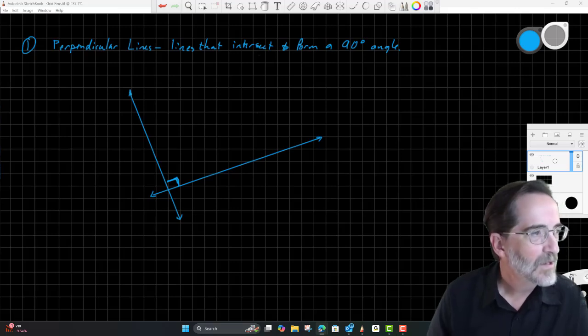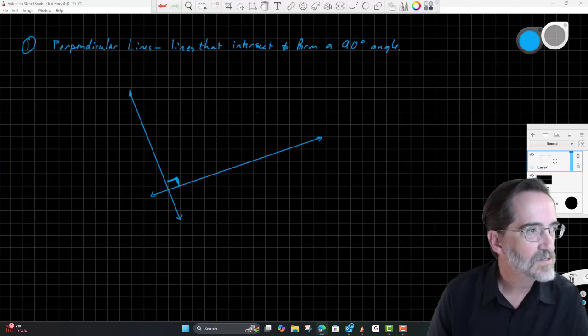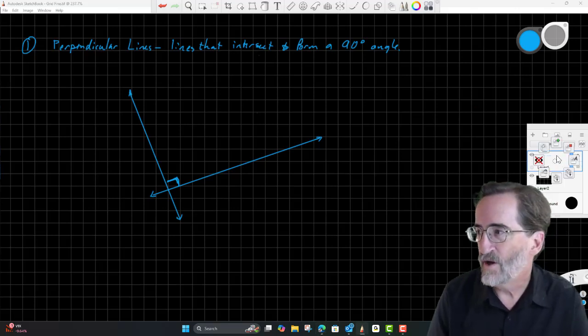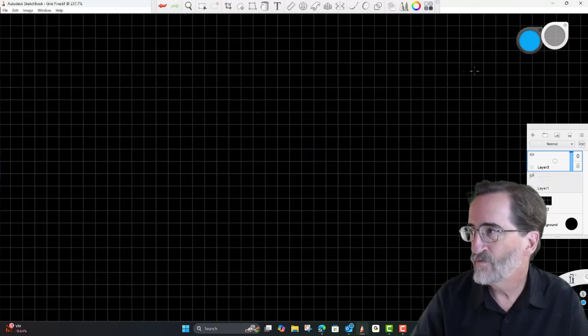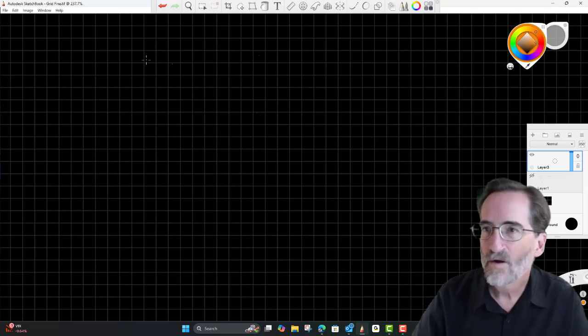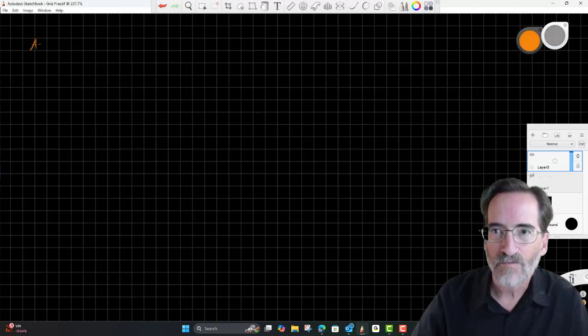Okay, it gives you a statement and then asks whether it's a conjecture, a definition, or a theorem. So let's go ahead and do that. I'm going to give you a statement of my own. A square, so this is number 2.